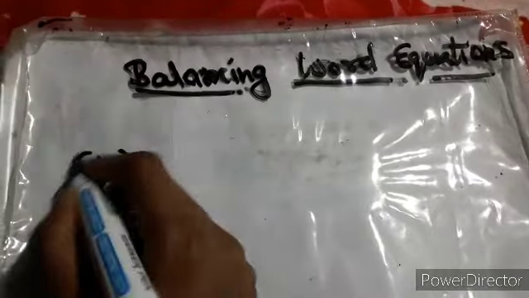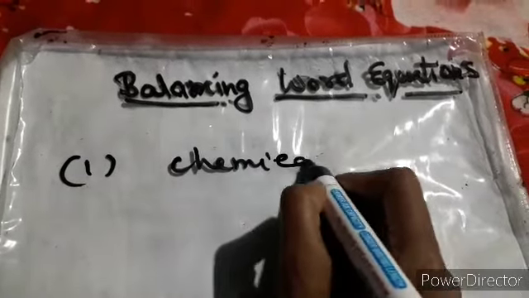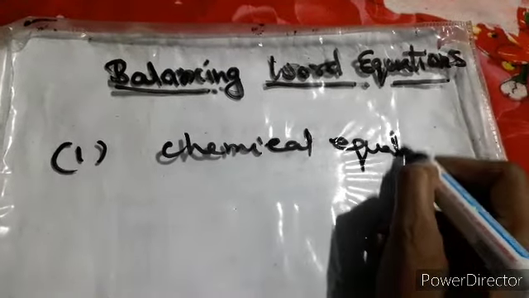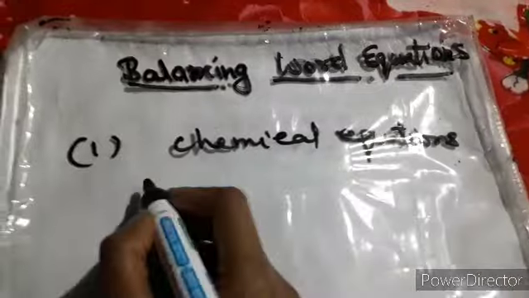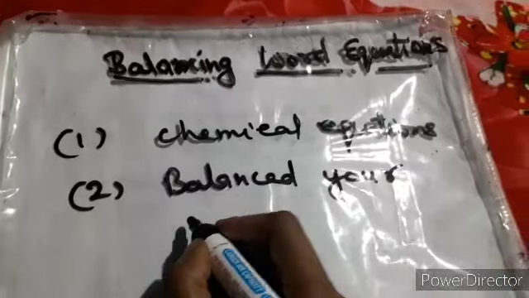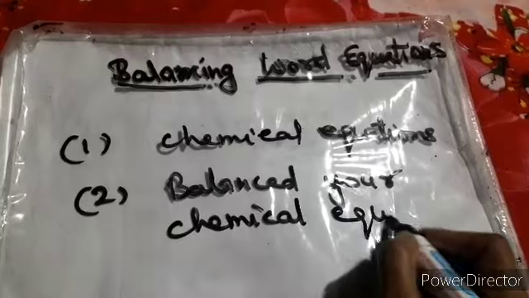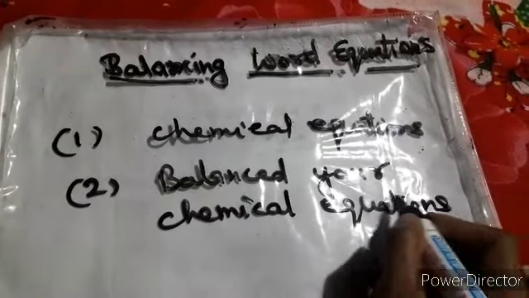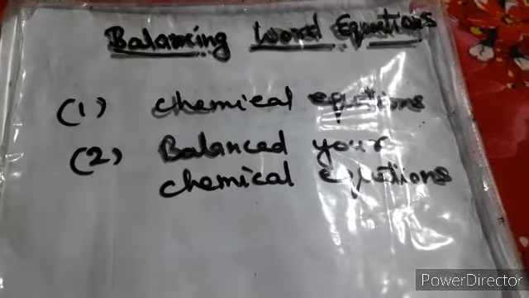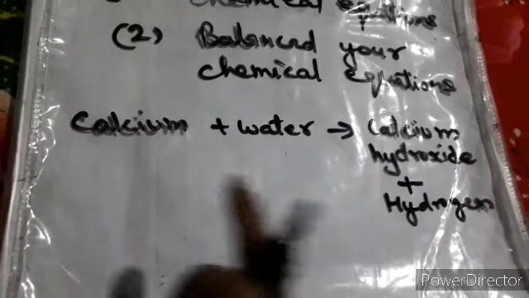First you write the chemical equation, then you balance your chemical equation. These two steps you have to keep in your mind. So we'll take a few examples so that things will be clear to you. Now this will be given to you.